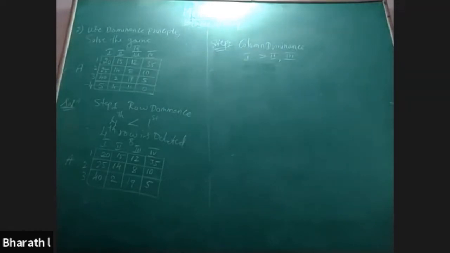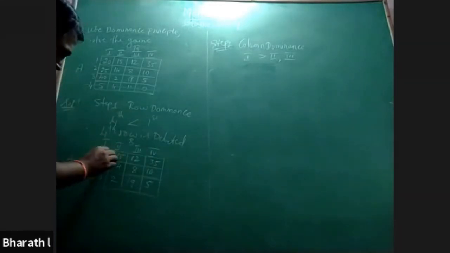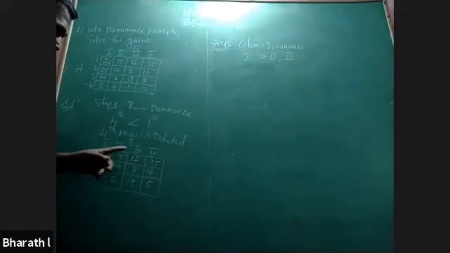The only possible one is the first column is deleted. When you delete the first column, the left out strategy is second, third, fourth.